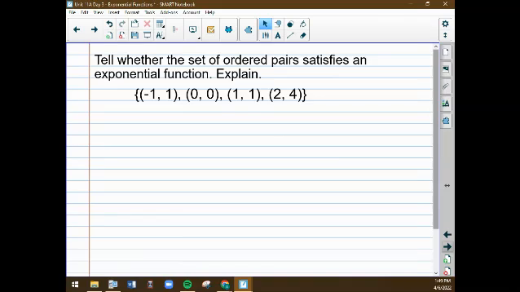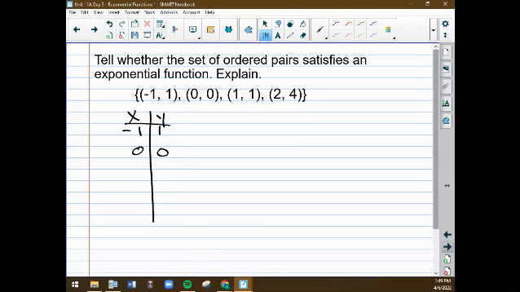So if I've got another example, let's put this into a table. Got -1, 1, 0, 0, 1, 1, and 2, 4. X is adding 1. And what's happening to y? Well, one thing I see is that in order to get from 1 to 0, I have to multiply by 0, but I'm not multiplying by 0 to get to the next one.